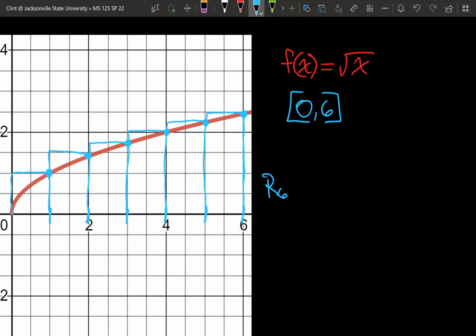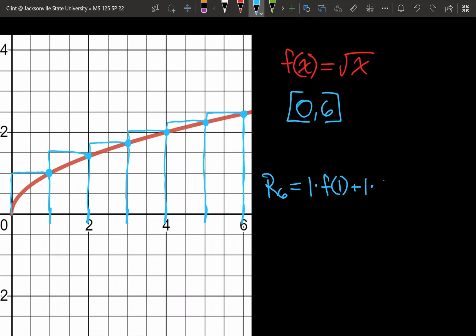Our first rectangle is 1 unit wide. They all are. But then how tall is it? It's going to be f of our right endpoint, so f of 1 tall. Next rectangle is 1 unit wide. How tall is it going to be?